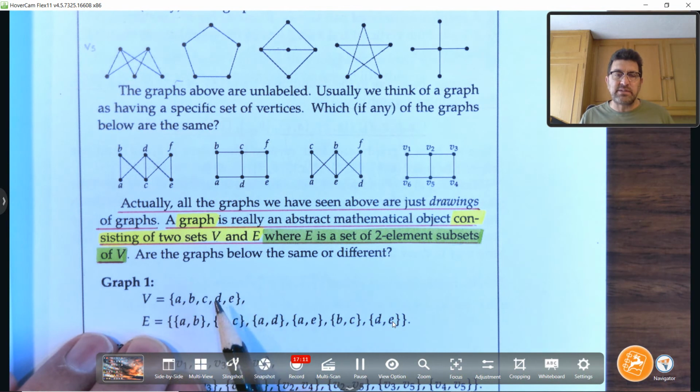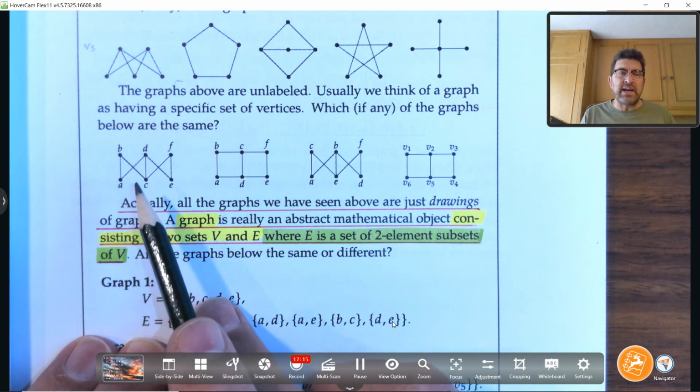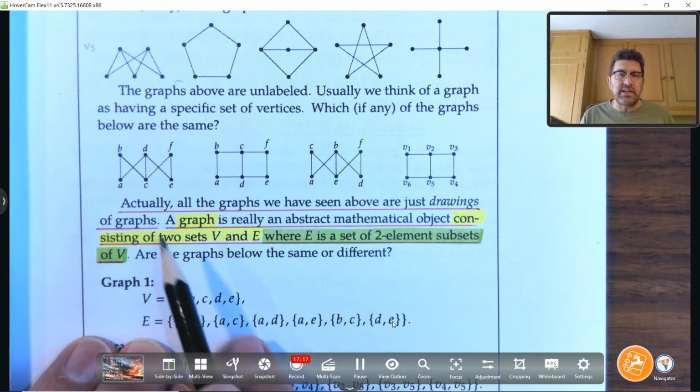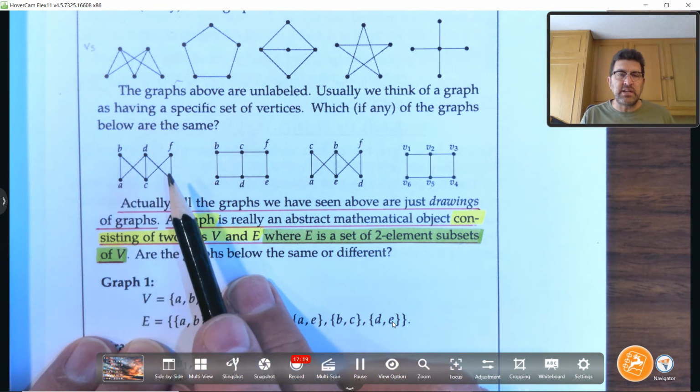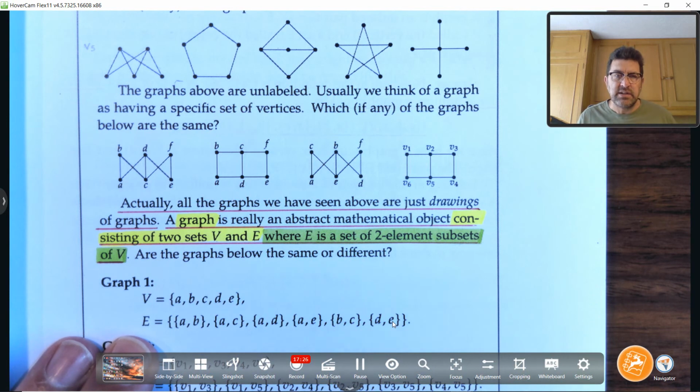So here's the two sets. Okay, for graph 1, we'll have A, B, C, D, and E, representing the vertex set. So we have a vertex set where there's 5 vertices.